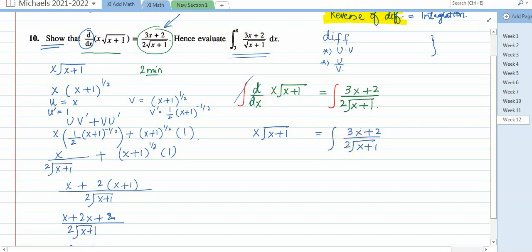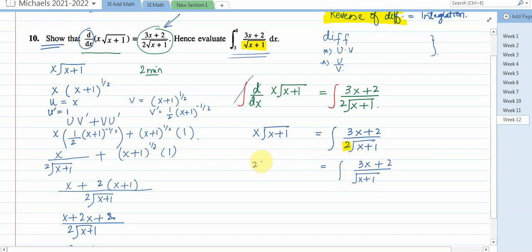Alright. Now the next problem here: we have 2, and in this question there is no 2. So you need to eliminate 2 from this part, and 2 is a constant, so we can shift it. So the integral of (3x plus 2) divided by under root of (x plus 1): 2 is multiplying.